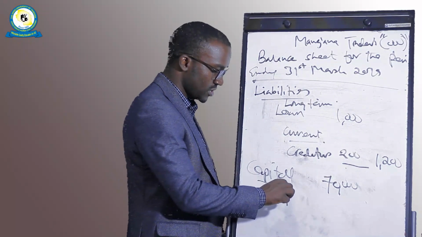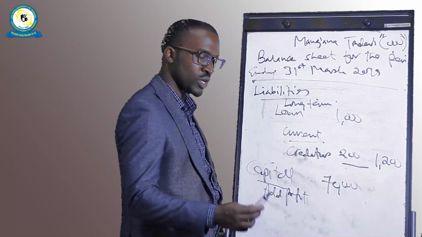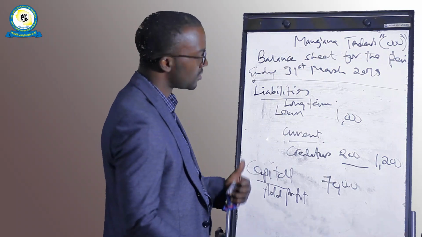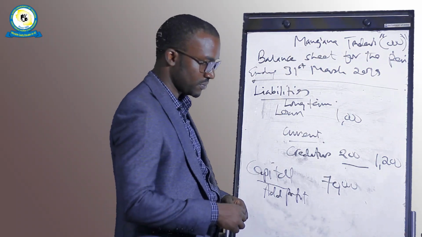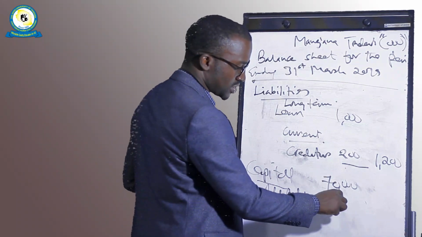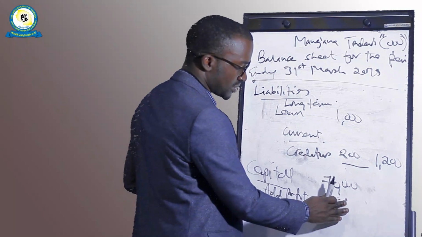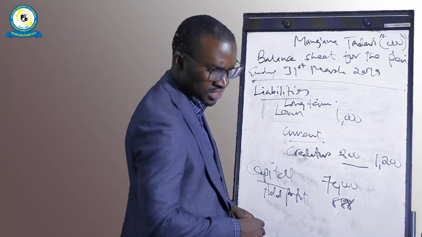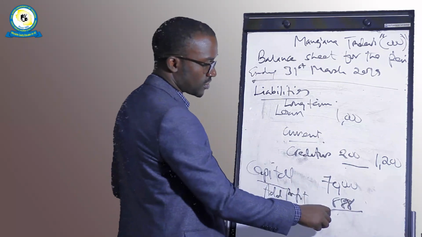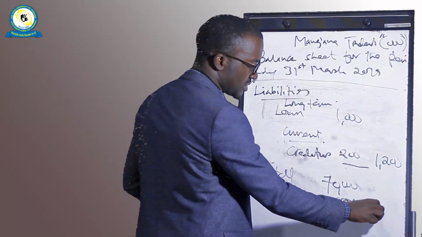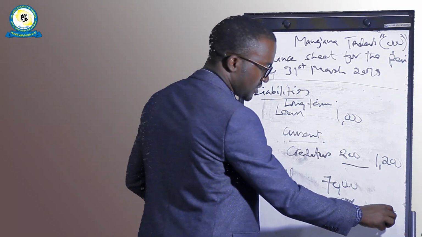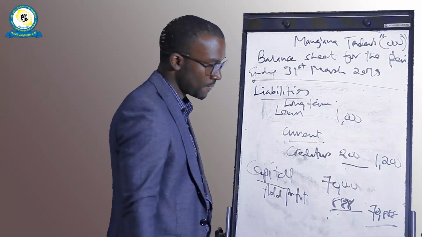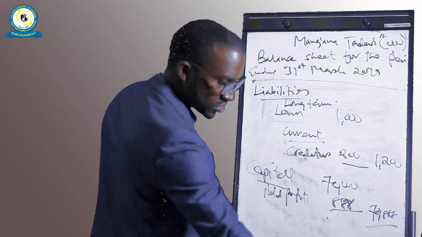We transfer the figure of the profit from the income statement, which was 888. If you take 70,000 plus 888, you're going to get 70,888.